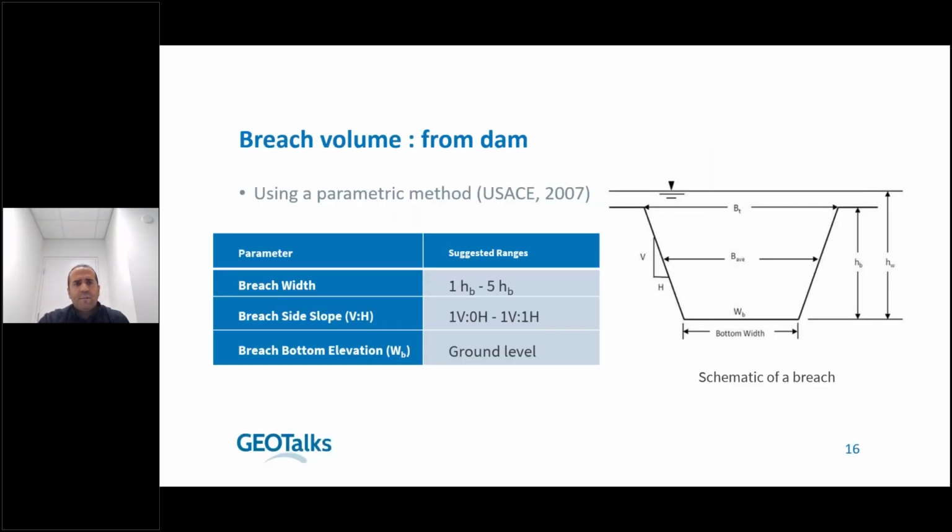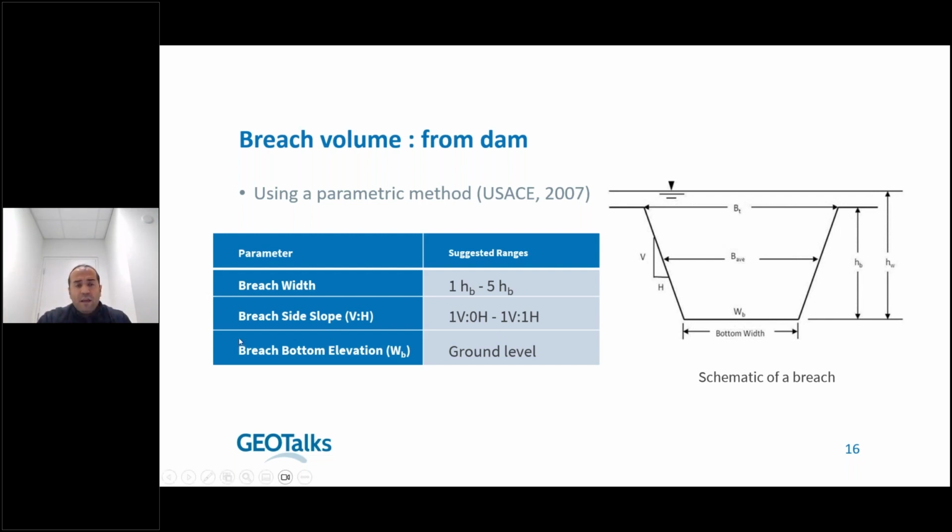Next step is the calculation of the breach volume. Again, because of the complexity, there is no methodology for the real breach procedure, I mean real breach progression. So there is a parametric approach in the literature.